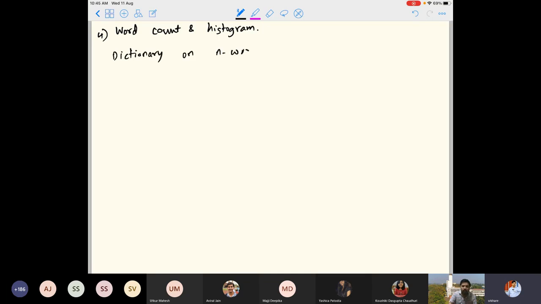You form an n vector from the dictionary. Whatever words are in the dictionary correspond to these rows. If the dictionary contains 10 words, then the 10 words will come along the rows. And in a given text, you count how many times the words in the dictionary come.